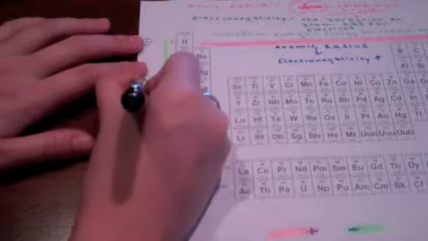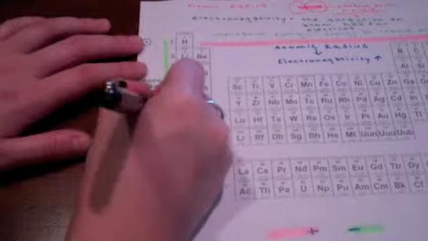Okay. Which means when your atomic radius, as you're moving down a group, increases, your electronegativity is going to decrease.